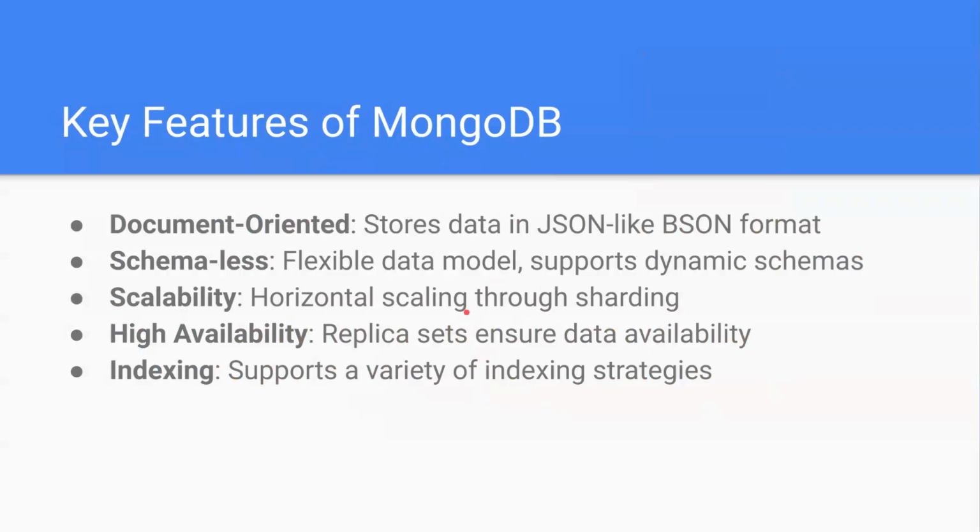Let's talk about the key features of MongoDB. First, the data is stored as documents. Mainly the data is stored in a JSON-like binary format. We also call it BSON.